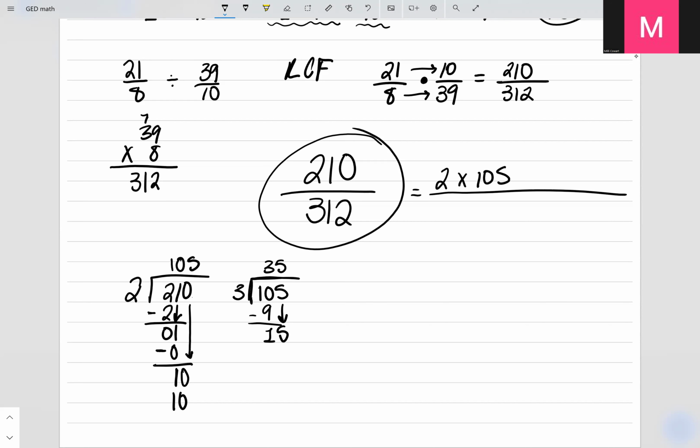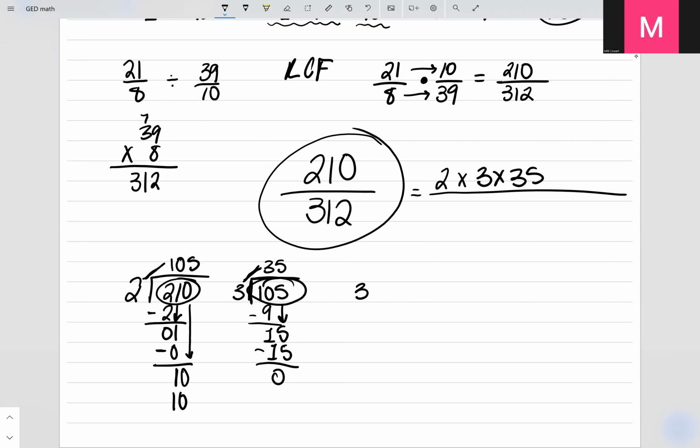And 3 times 5 is 15. Now we're done. So then this 105 is going to change to 3 times 35, because 3 times 35 equals 105. And 105 times 2 equals 210. So we're just replacing it with the factors.